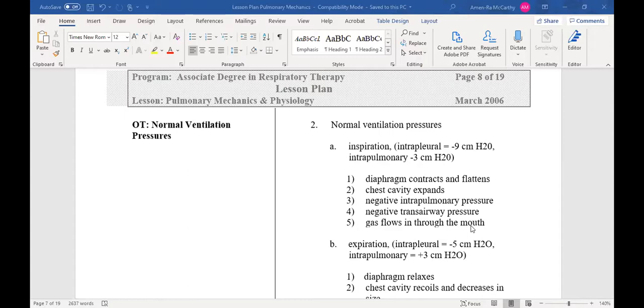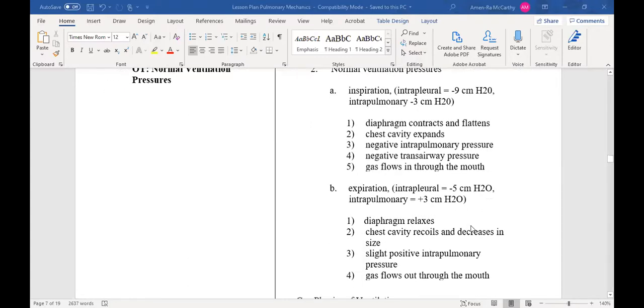So what happens during expiration? Well, in expiration, the intrapleural pressure is about -5, and the intrapulmonary pressure is +3. Positive now. So the diaphragm relaxes and ascends back. The chest cavity recoils and decreases inside.